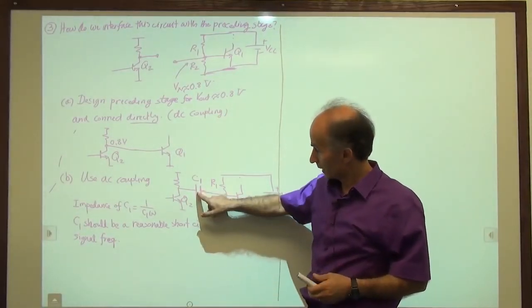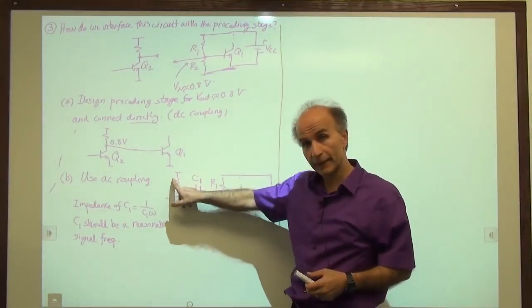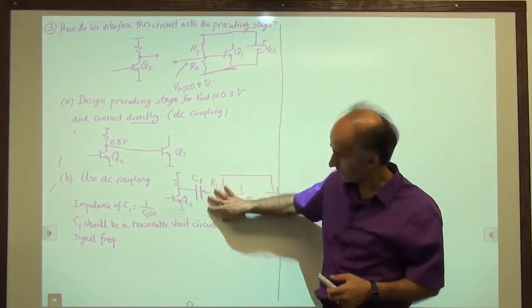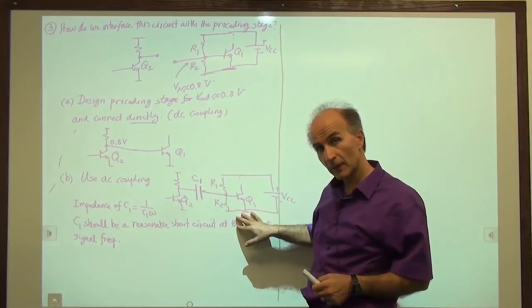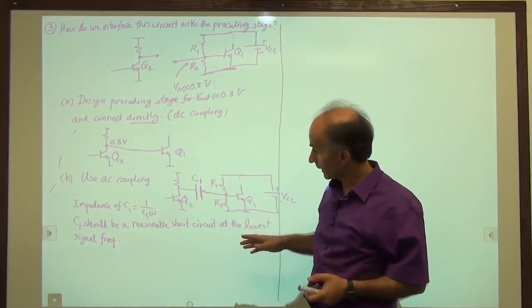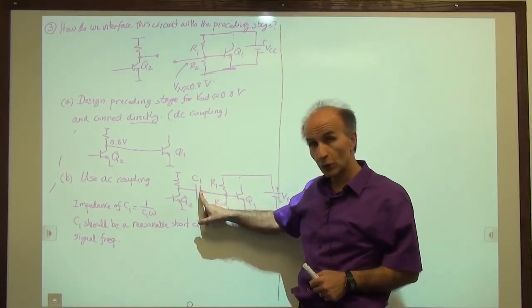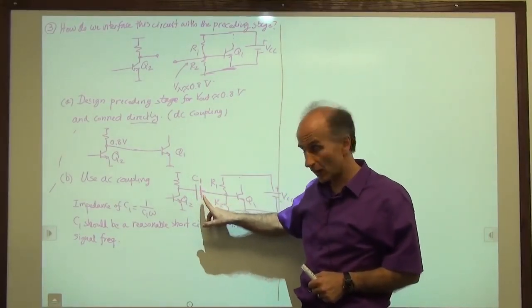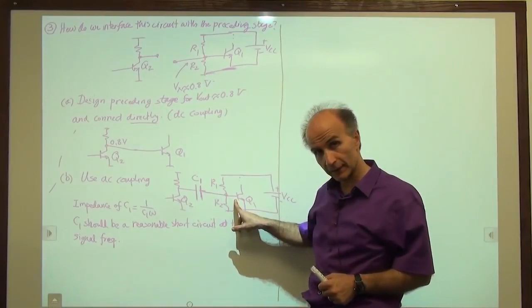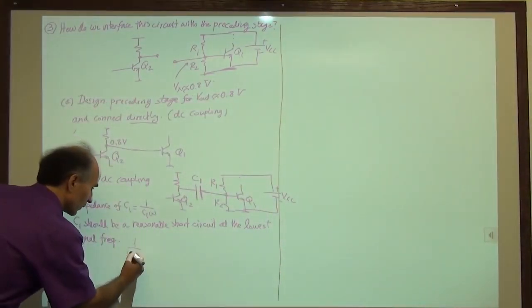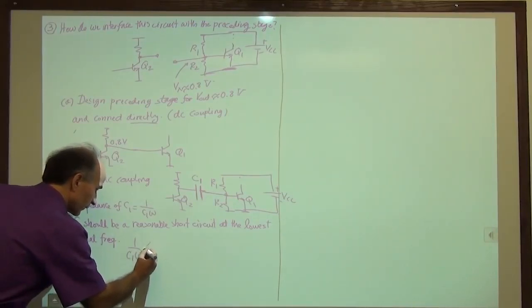This capacitor sees this resistor on this side, and then the input impedance of the circuit on this side. So what we can do is choose this capacitor impedance to be much less than the input impedance of the circuit. So we choose 1 over C1 omega to be much less.